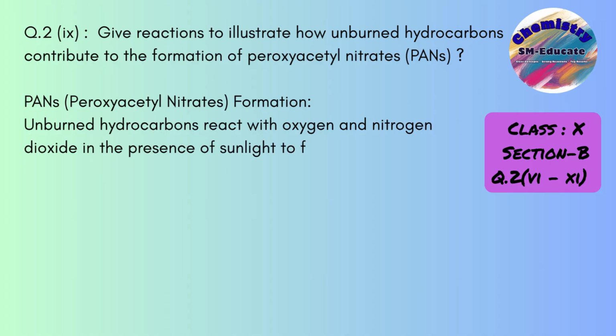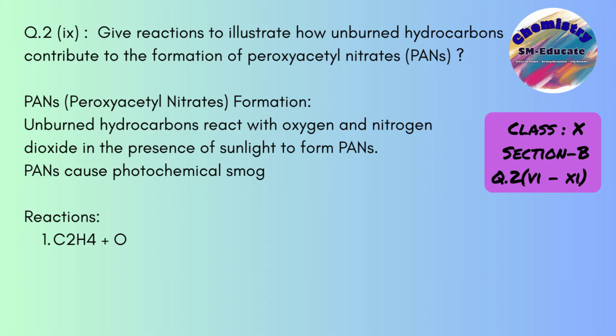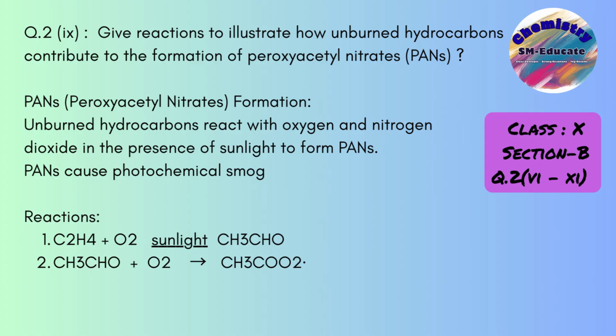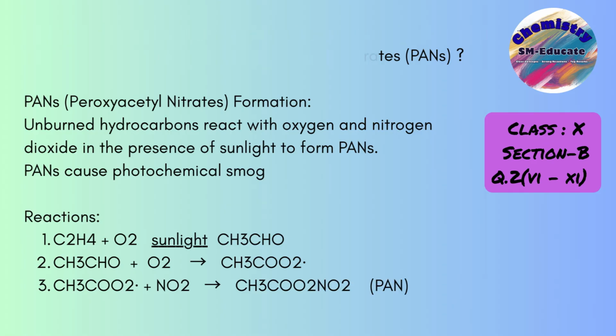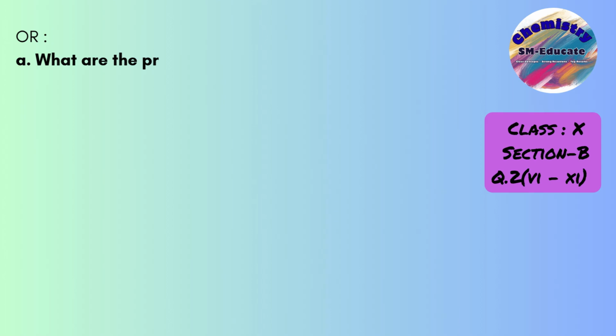Reactions. C2H4 plus O2 in sunlight gives CH3CHO. CH3CHO plus O2 produced CH3COO2 radicals. CH3COO2 radicals plus NO2 produced CH3COO2NO2.